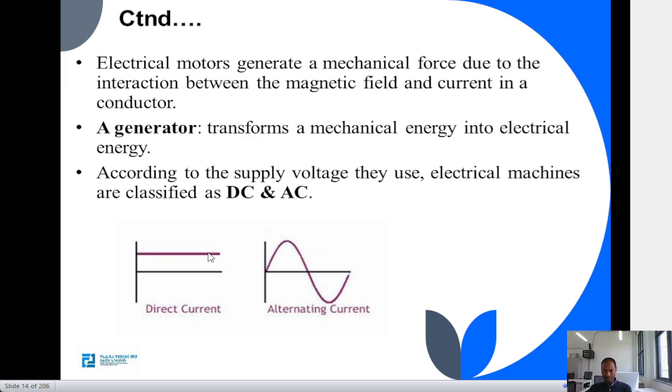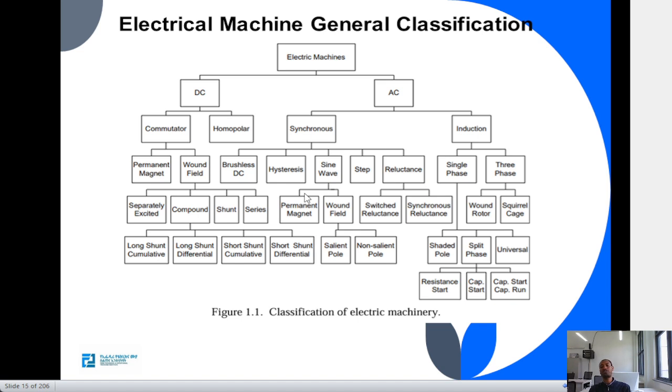If we supply a smooth, constant magnitude to the machine, we call it DC. And if it accepts a supply signal with alternating magnitude, plus and minus, it is called alternating current. So electrical machines can be DC and AC machines.